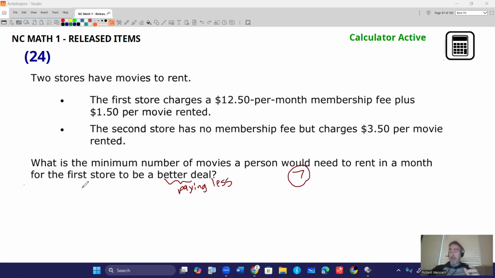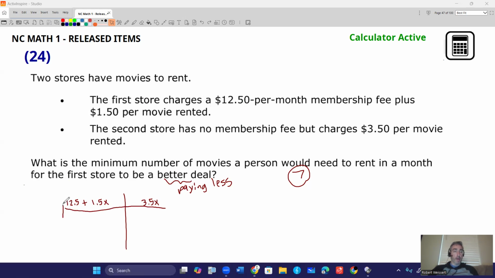You can stop the video now that you know, but I'm just going to give you a little bit of a breakdown here with six movies. This is going to be 12.5 plus 1.5X, and 3.5X. I'm going to make just two lines here so your brains can see these in the same table.